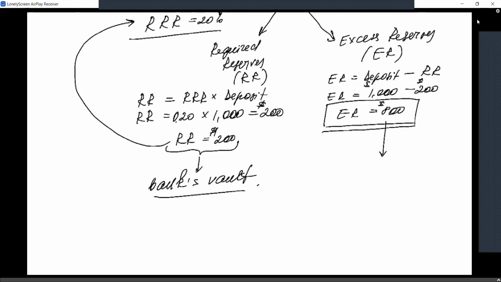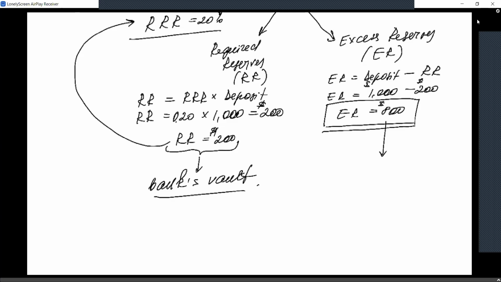So let's say the bank settled your $1,000 deposit, you're happily home, you know that your money is safe. The $200 as required reserves is down in the bank's basement, but the rest, 800, is sitting in the cashier's machine doing nothing.